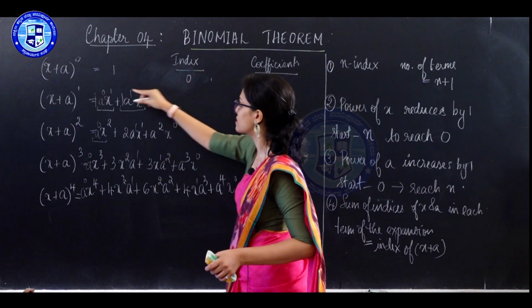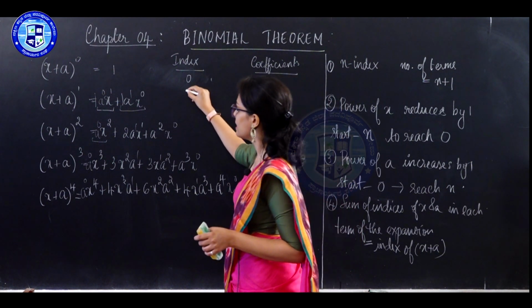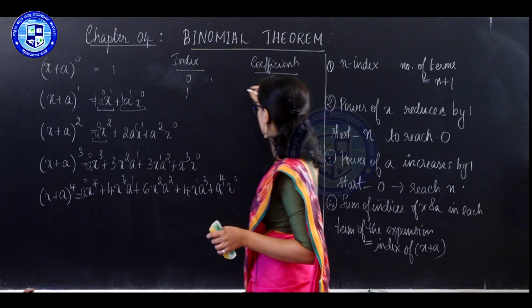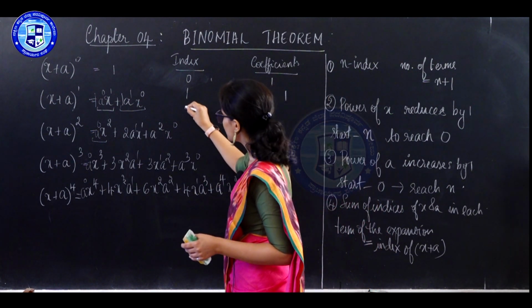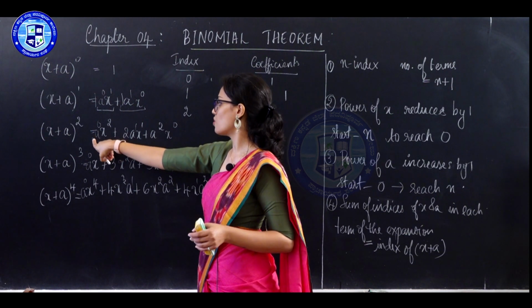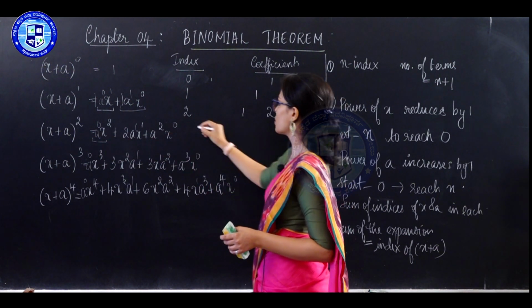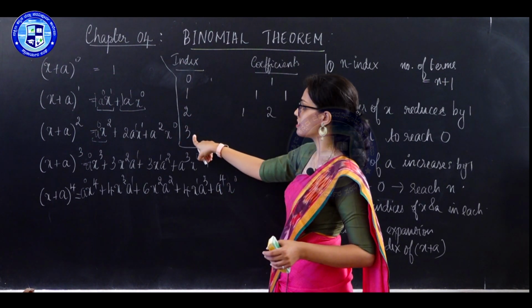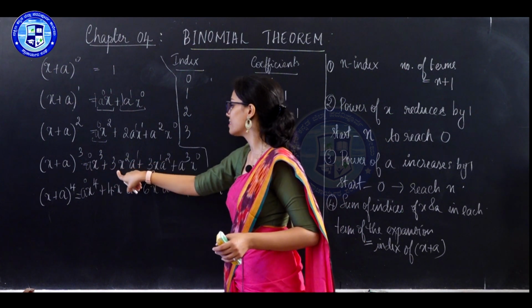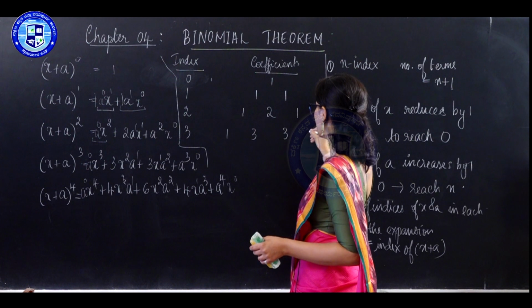When the index is 0, observe the coefficient is 1. When the index is 1, the coefficients are 1 and 1. When the index is 2, the coefficients are 1, 2 and 1. Index is 3. We have coefficients 1, 3, 3, 1.